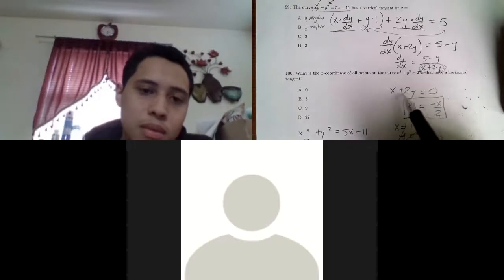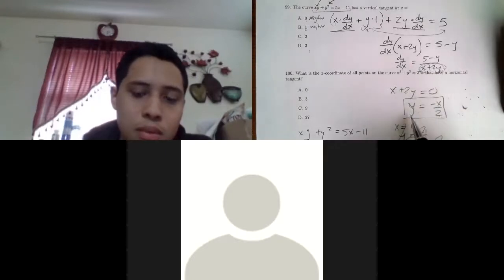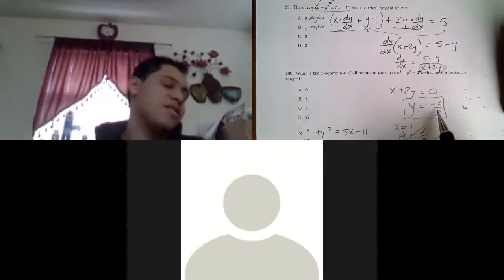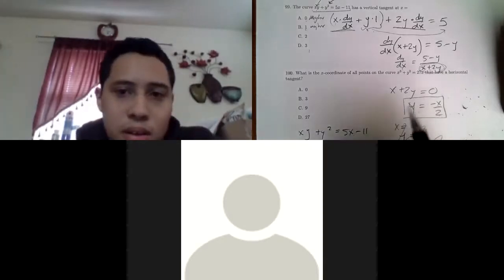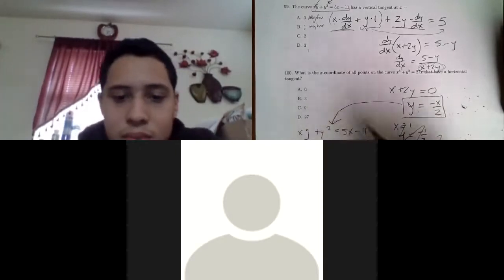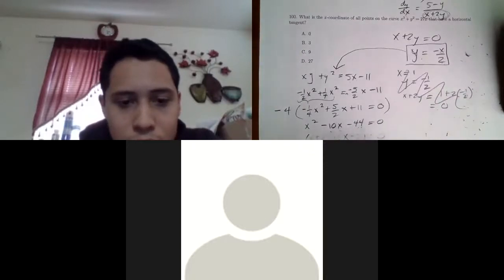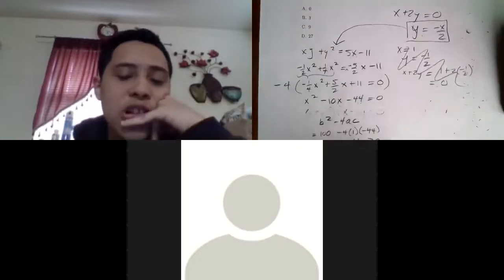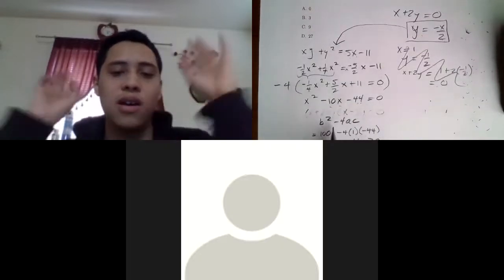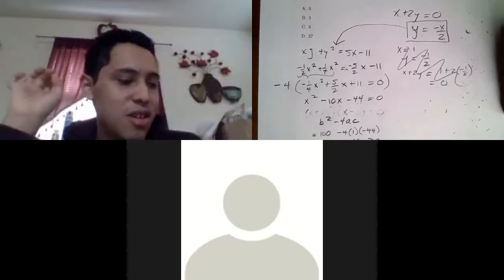Well, so we set that denominator equal to 0. That does not provide any unique solutions. So we've got to combine that with the equation of the curve, because points on the curve have to satisfy that. And then once we do that substitution and algebra, we come up with this quadratic equation in terms of x, and then determine that the discriminant is positive, so it's got to have 2 solutions.